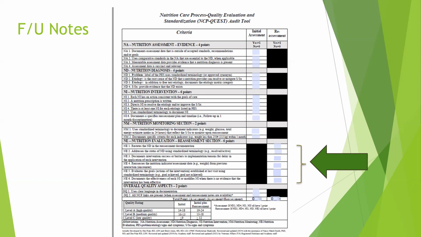That is the section of the interventions that were established at the last visit using standardized terminology such as goal achieved or goal not achieved. And finally, document the effectiveness of each nutrition intervention or modify the nutrition intervention when there is no evidence that the intervention has been effective.